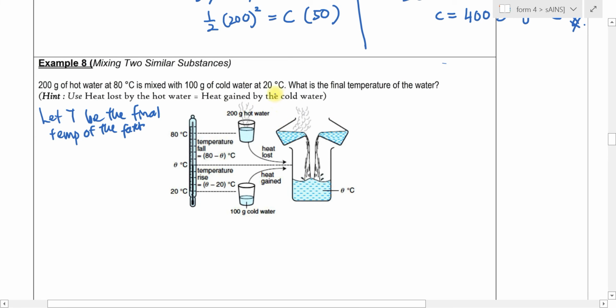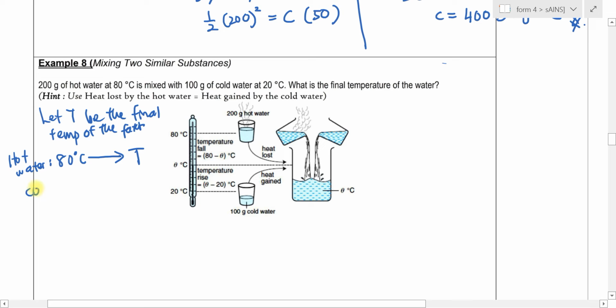Okay, now the 200 gram hot water, from 80 degrees Celsius, it will turn to T degrees Celsius. This one is the hot water.